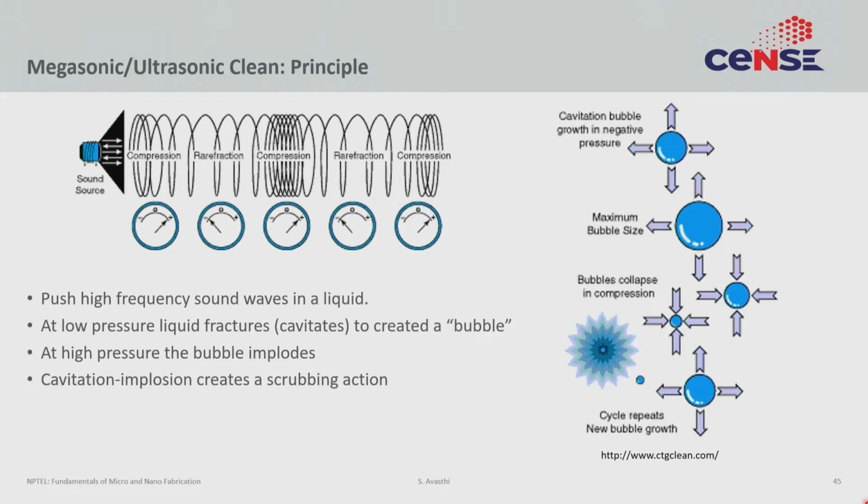However, a simple scrub or a Scotch-Brite would not work very well because A, it would cause damage, and B, it would be non-uniform and uncontrolled. So, the industry actually uses megasonic and ultrasonic cleaning as a way to impart mechanical energy and a certain scrubbing action on top of the surface.